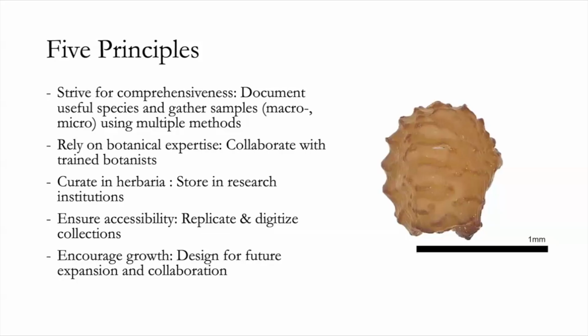So we wanted a wide range of species and a wide range of samples of each of those species to be collected for the collection. So we wanted to be as comprehensive as possible, and also because every time you go back, that of course takes more time and more money. So we wanted to do as much as we could when we could with the money that we had. As I mentioned, we wanted to rely on botanical expertise.